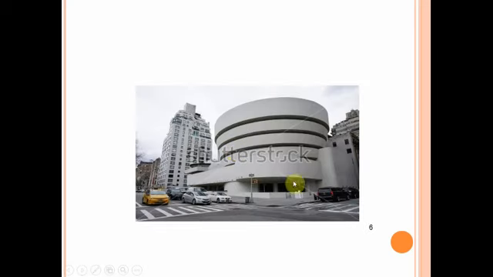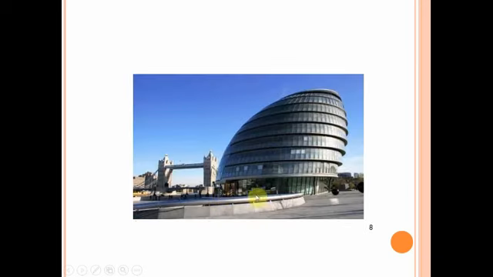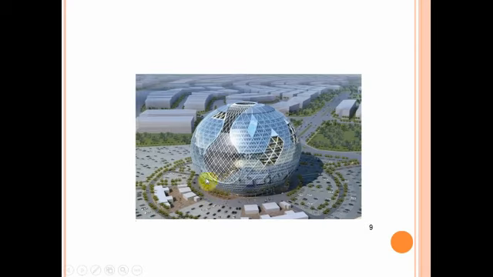This building is basically a parking lot, I hope, and it's a kind of spherical structure. Again, see this oil storage unit. There are many such structures, and it is a completely spherical structure.